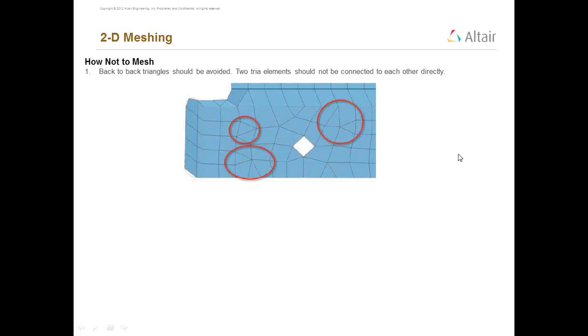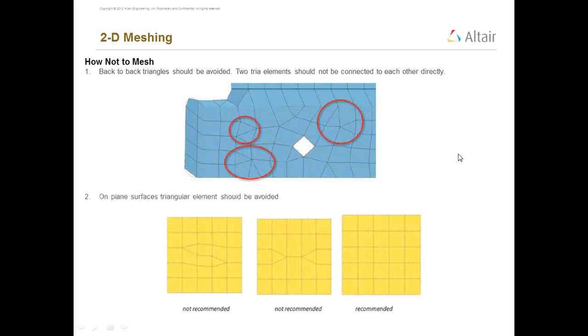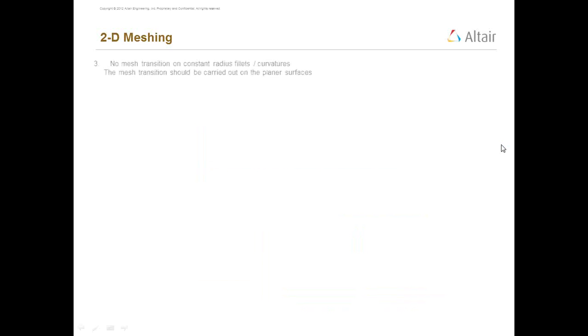Triangular elements are stiffer as compared to quads. On a plane surface, triangular elements should be avoided. The reason is the same: they are stiffer, and they can also deviate the mesh flow lines, so they should be avoided. On planar regions, if possible, go for quad elements.